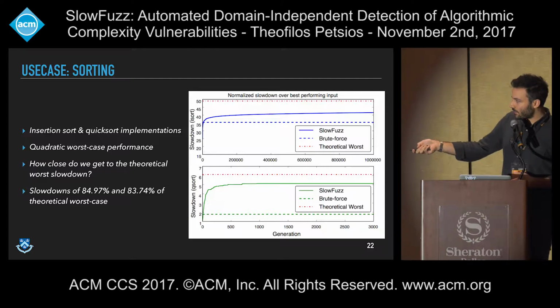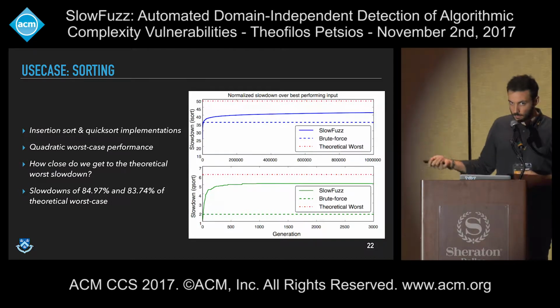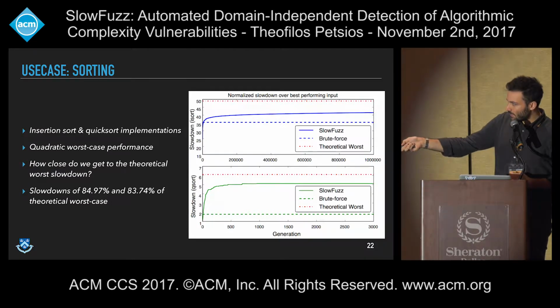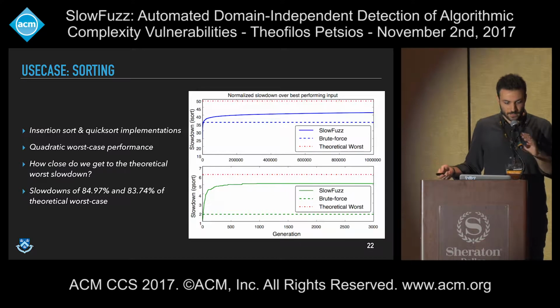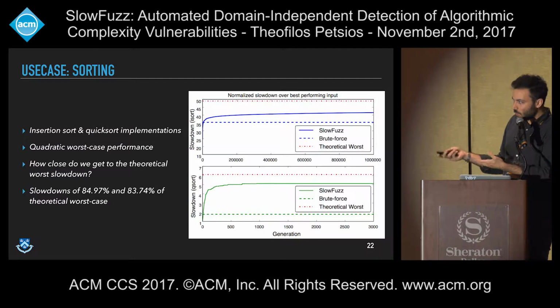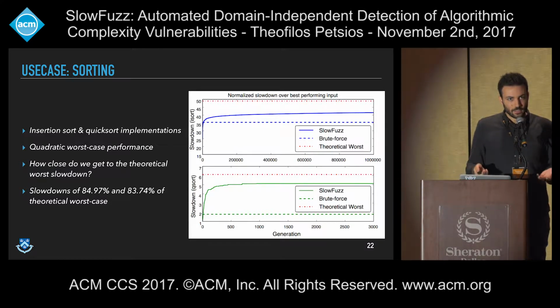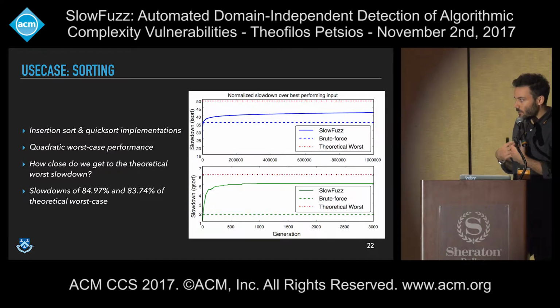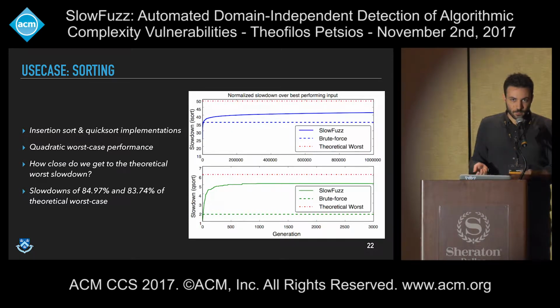Here we have a graph depicting the insertion sort and quicksort implementations of ours. The line in red is the theoretical worst case, and the dashed line at the bottom is the brute force attack for these two cases. We show that in both cases, we managed to get to approximately 85% of the theoretical worst case for this very simple problem. And this is because we know what the worst case input is.